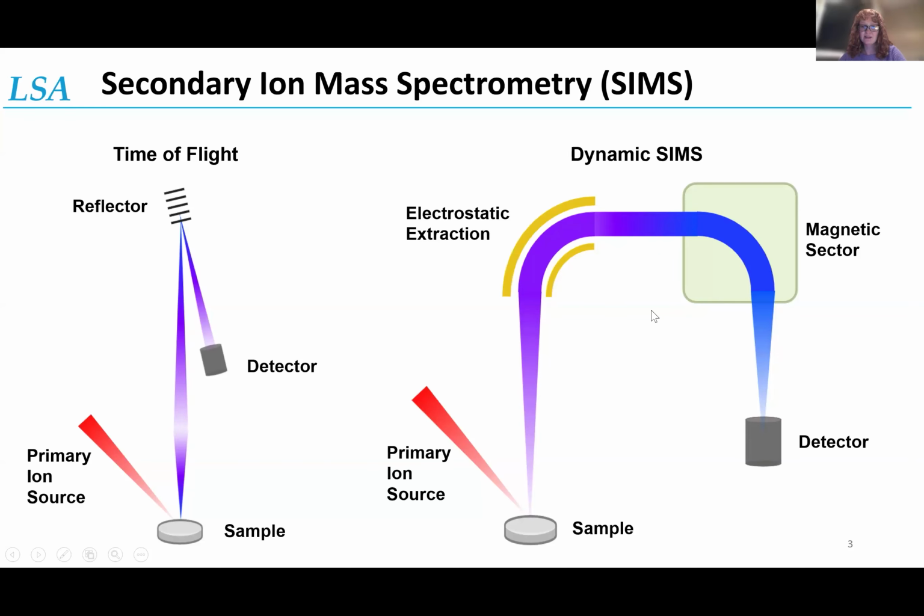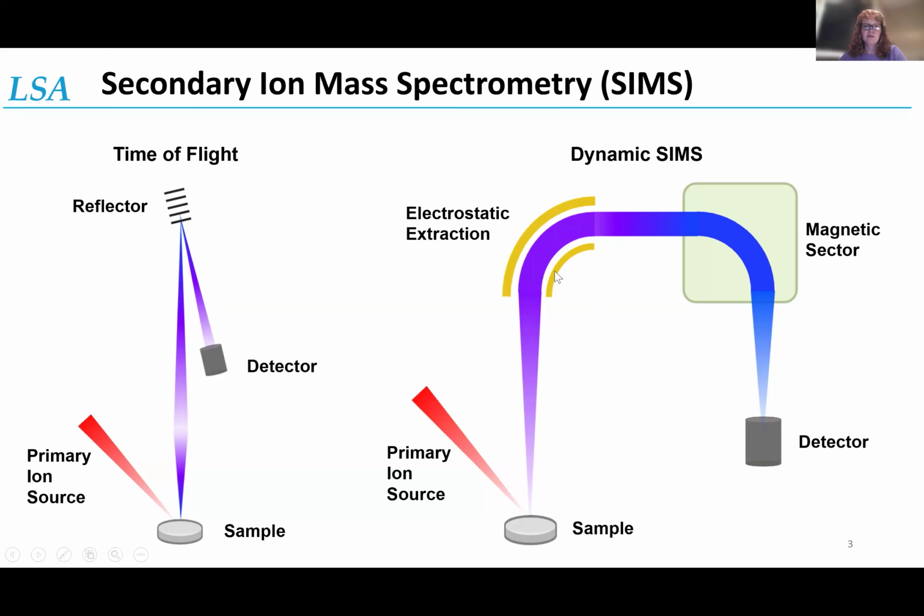With magnetic sector SIMS, with the IMS series, we select the masses that we're interested in and we vary the magnet so that the masses are deflected into the detector, and we measure them in series so they cycle around the masses of interest.